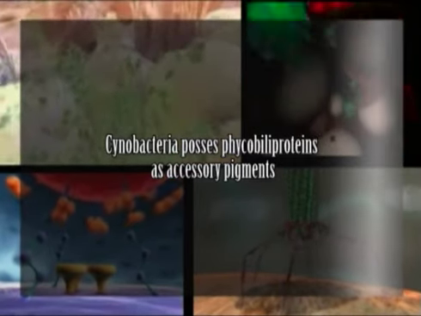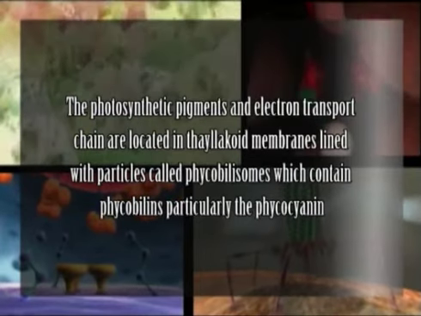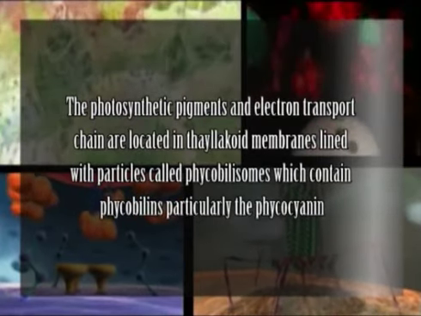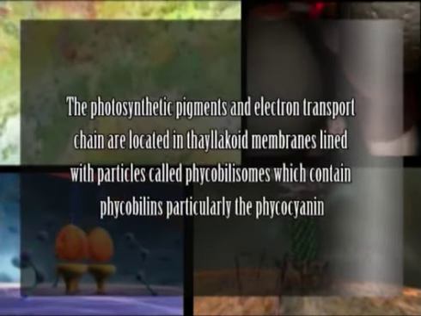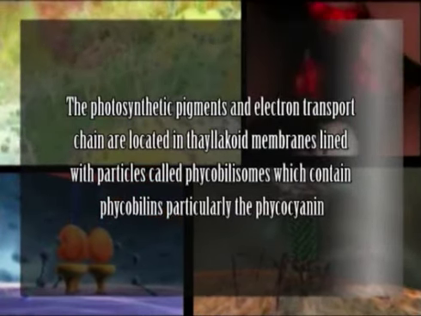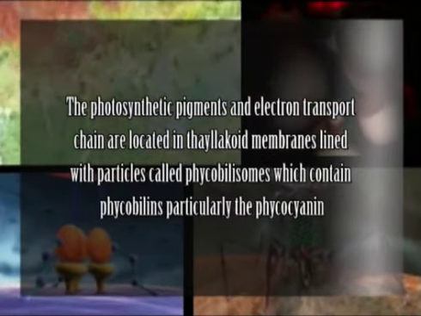They possess phycobiliproteins as accessory pigments. The photosynthetic pigments and electron transport chain are located in thylakoid membranes lined with particles called phycobilisomes, which contain phycobilins, particularly the phycocyanin.